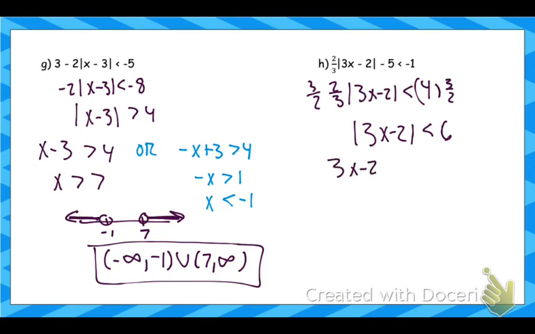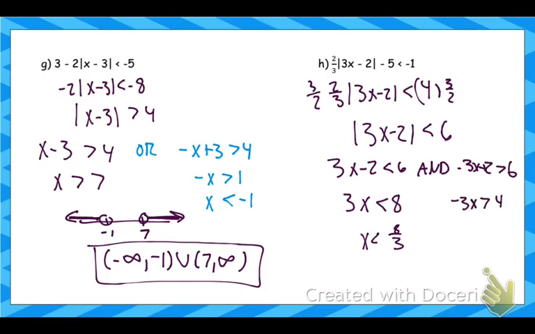So 3x minus 2 is less than 6, and negative 3x plus 2 is greater than 6. So that leaves me with 3x is less than 8. So x is less than 8 over 3, and negative 3x is greater than 4. X is less than negative 4/3.